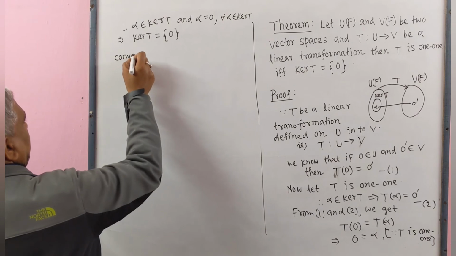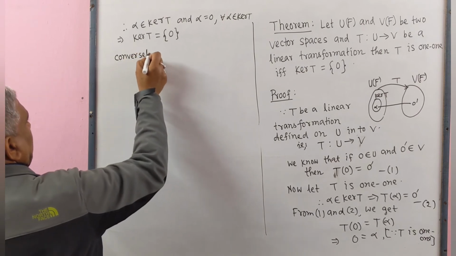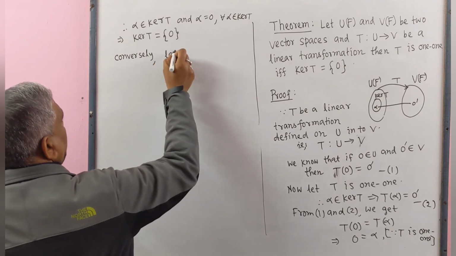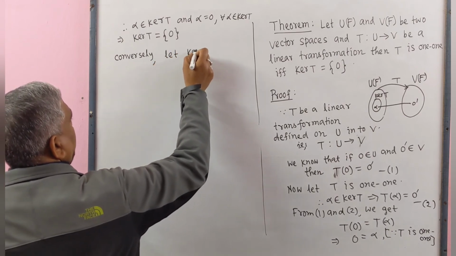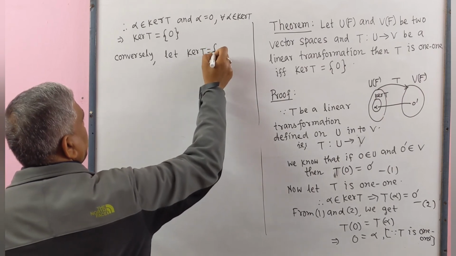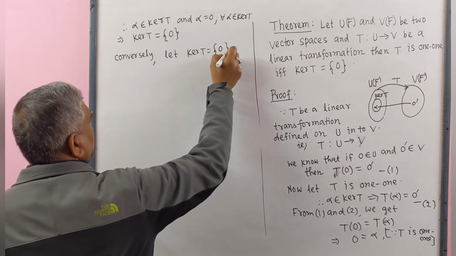Conversely, let ker T equal a set containing only the zero vector.